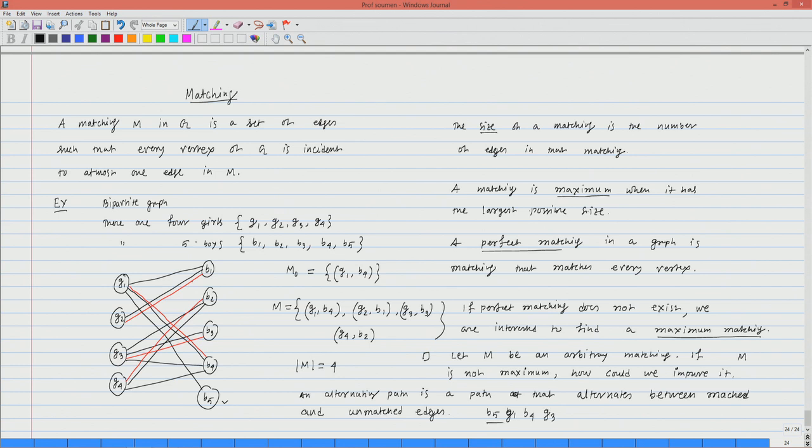So, this is unmatched, this is matched, this is unmatched. So, this is an alternating path from B5 to G3.